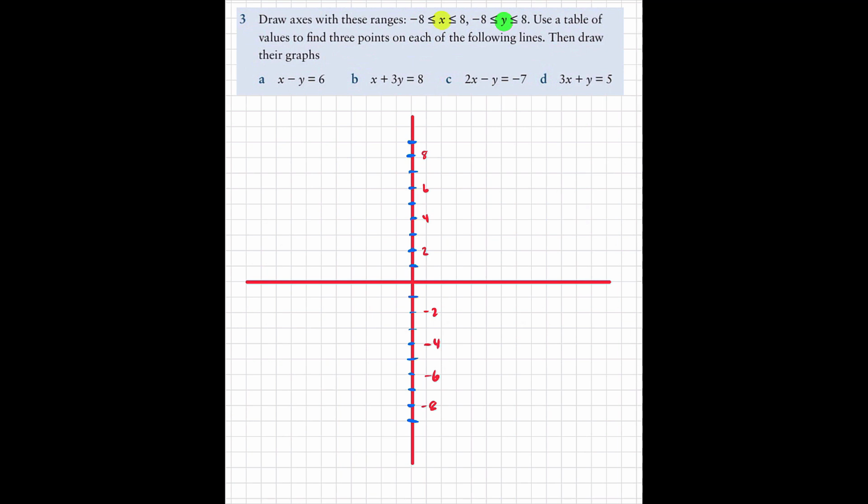And moving off to the left, we're going to have negative 1, 2, 3, 4, 5, 6, 7, 8. Again, I would just give myself an extra one. That is negative 8. That's 2, 4, and 6. And moving to the right, we're going to have 1, 2, 3, 4, 5, 6, 7, 8, and one extra one.